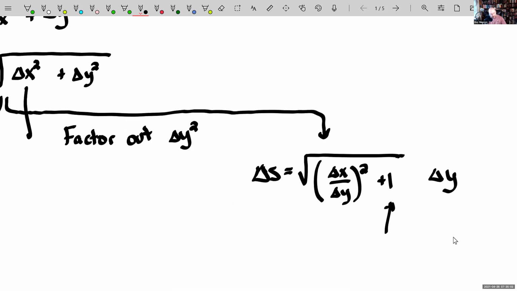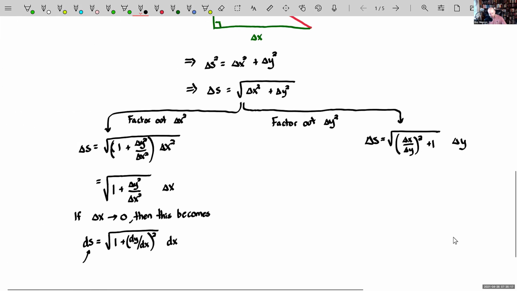And the delta x squared divided by the delta y squared is delta x over delta y, being squared. Then because I factored out a delta y squared, you take the square root and it becomes just a regular old delta y. This is the very same argument I used for the delta x move over on the other side.